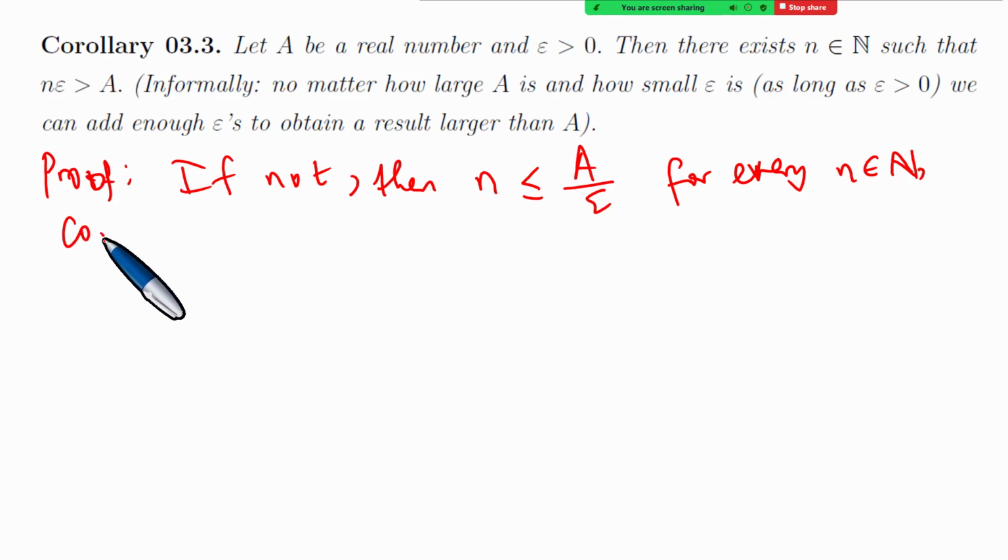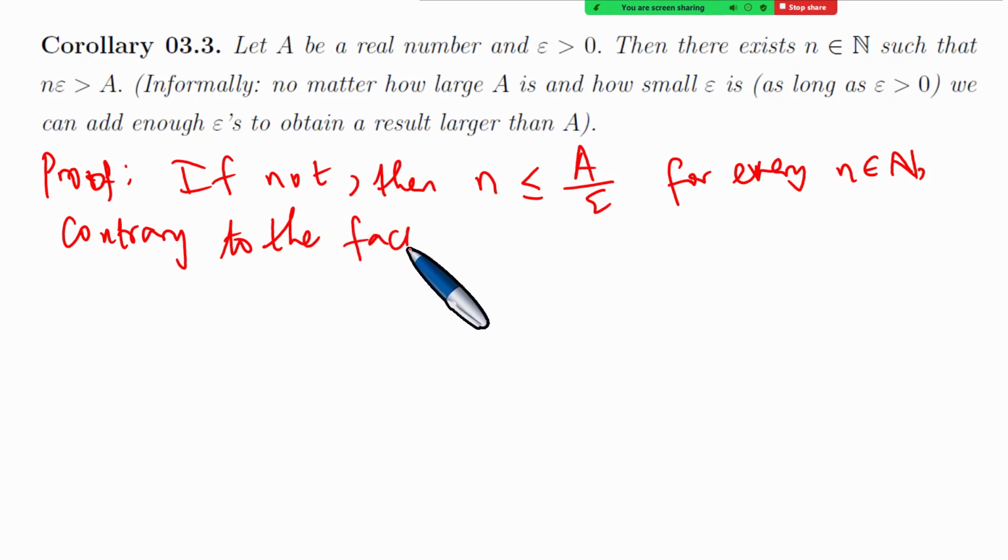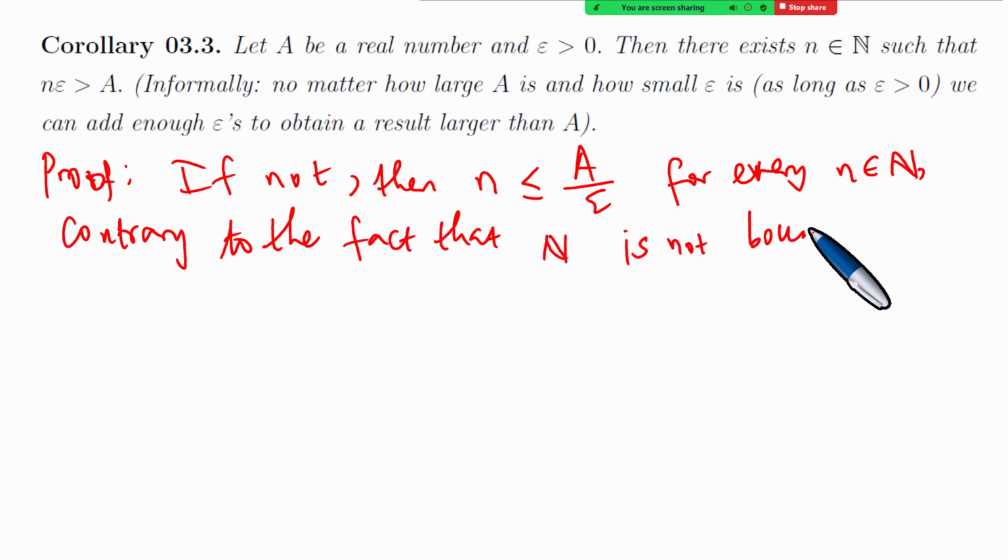Contrary to the fact that n is not bounded above.